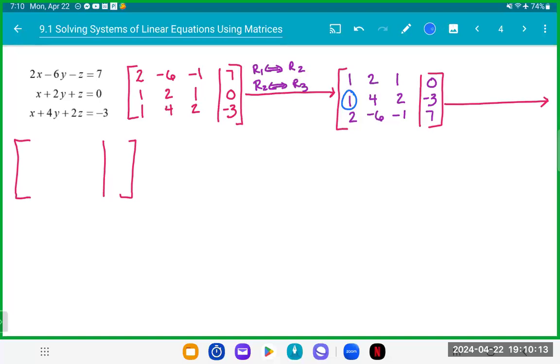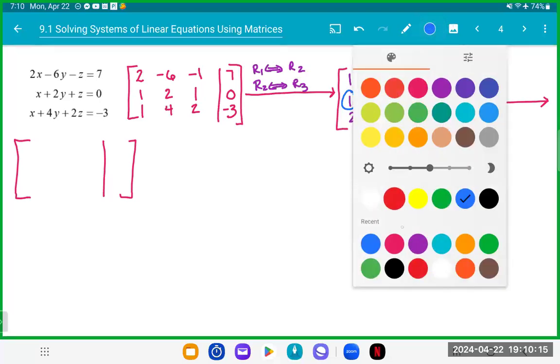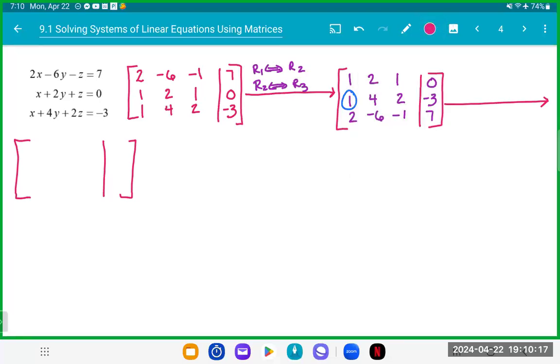So we're going to be leaving row 1 and row 3 exactly as they are. So let's just copy them down. 1, 2, 1, 0, and 2, -6, -1, 7. So we're leaving those exactly as they are. But we need to get that 1 to be a 0. So how do we do that?